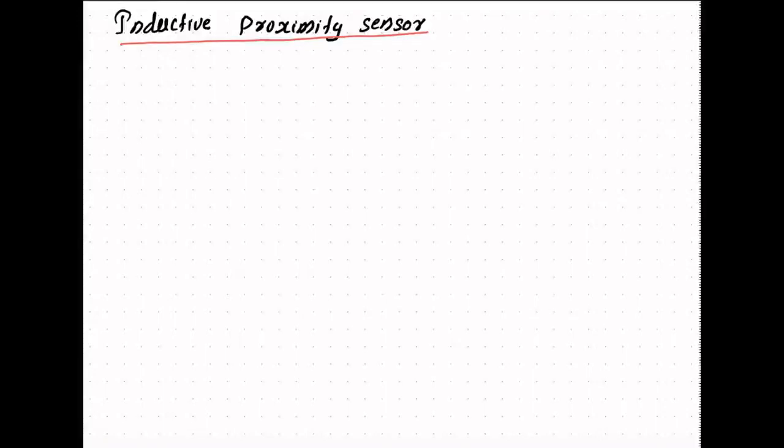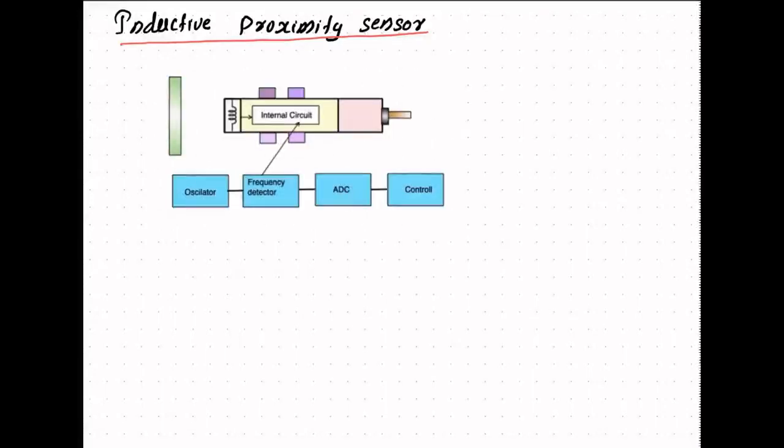Here the only difference is in the place of active plate of capacitor, induction coil is placed. The remaining circuit or the remaining components are same for the inductive capacity proximity sensor.